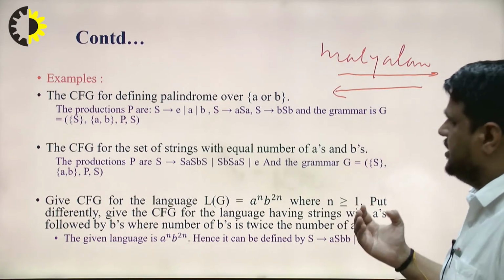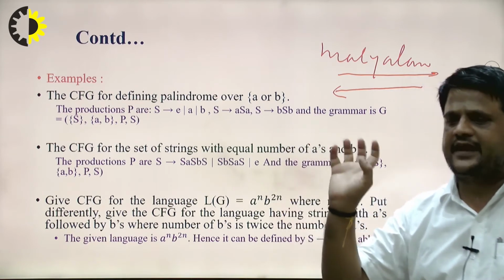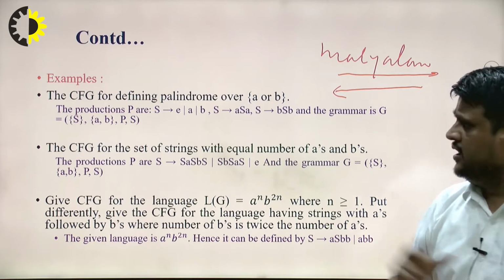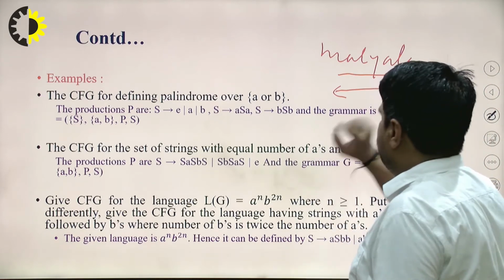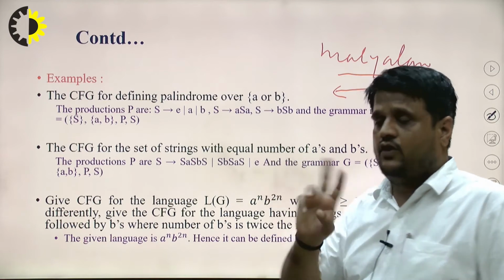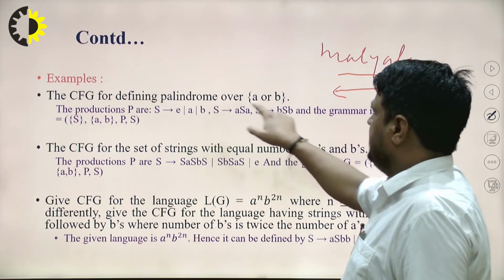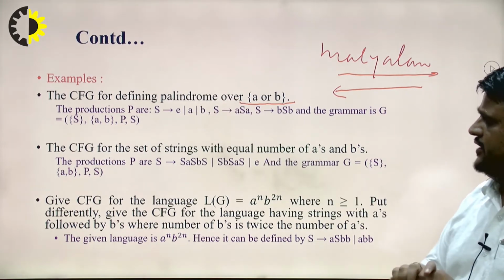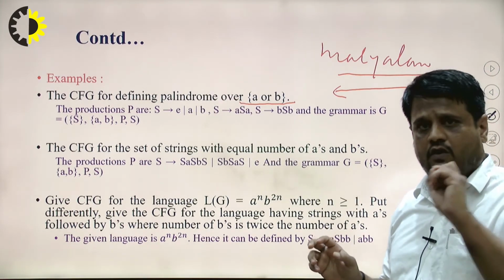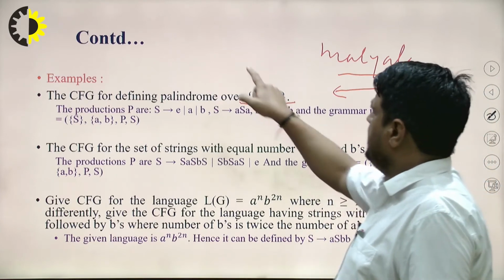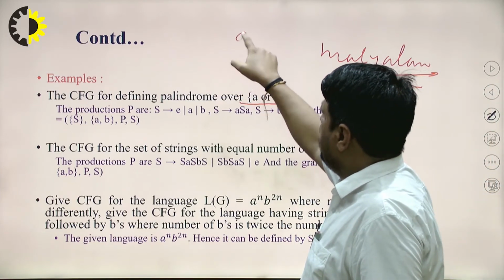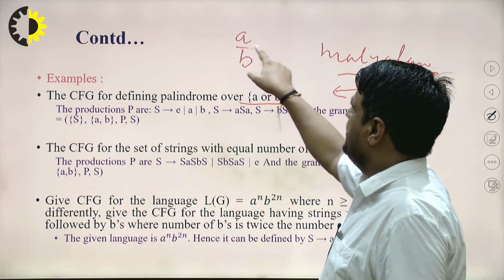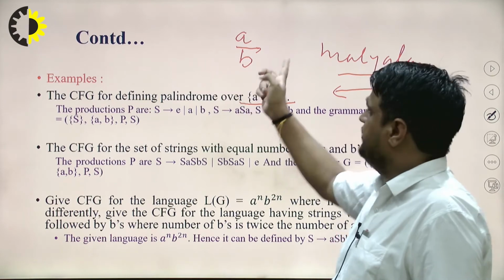So in automata theory, we write the context free grammar that will generate the palindromes. How can you write it? You can think of a string of the form, if we have only two terminals A and B. Here in the question it is given: write down the context free grammar for defining the palindrome over A or B. So the palindrome will be A, the palindrome will be B. If you read it in the forward and reverse direction, it is the same.